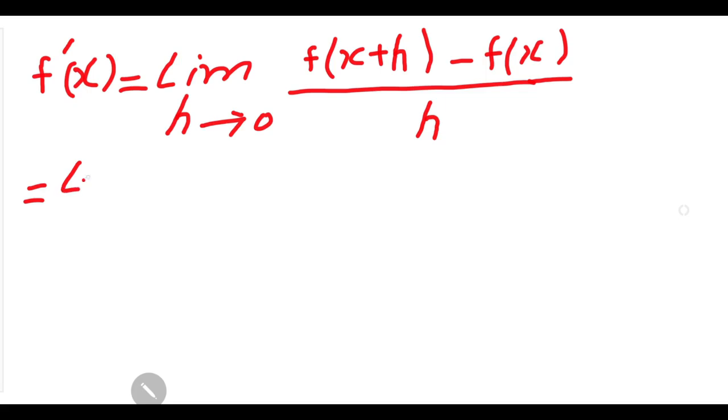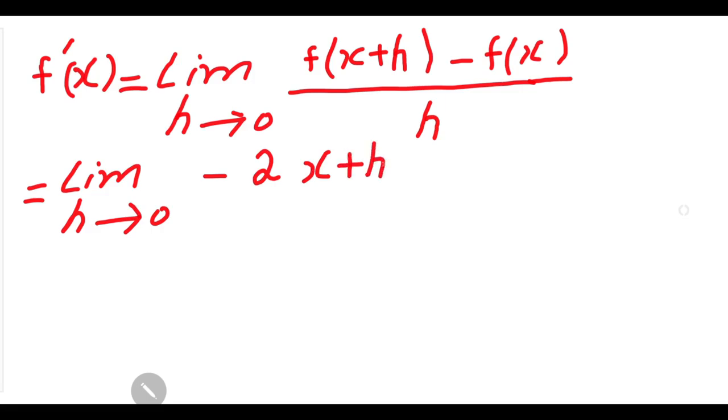Equal to the limit as h approaches 0. Wherever you see x, you must change it into x plus h. So we now got negative 2x plus 3. So in the function, in place of x, I'm going to add x plus h according to the formula, and then plus 3.